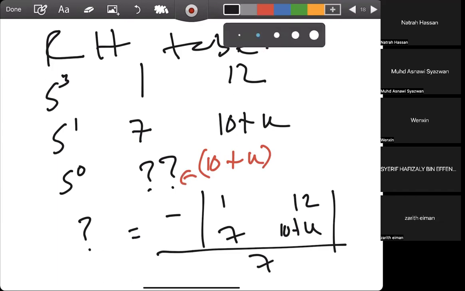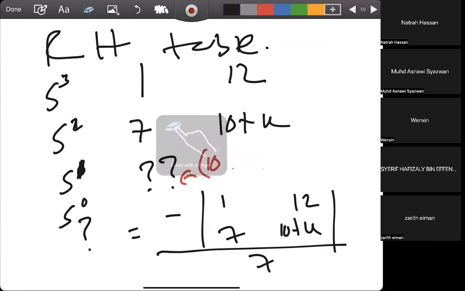This is wrong. So it's not 10 plus K, sorry.